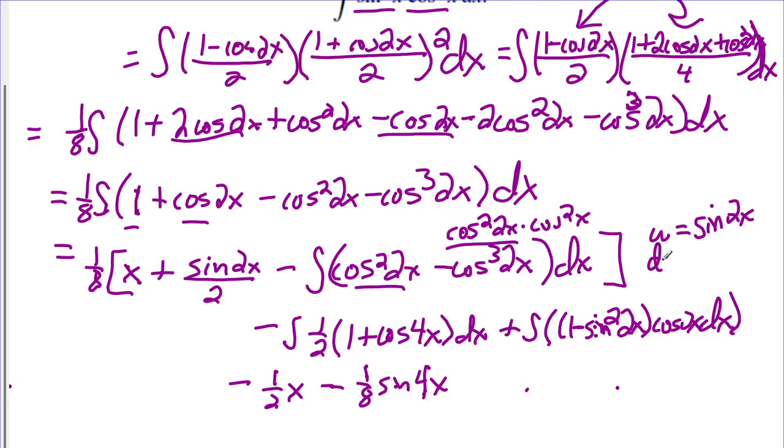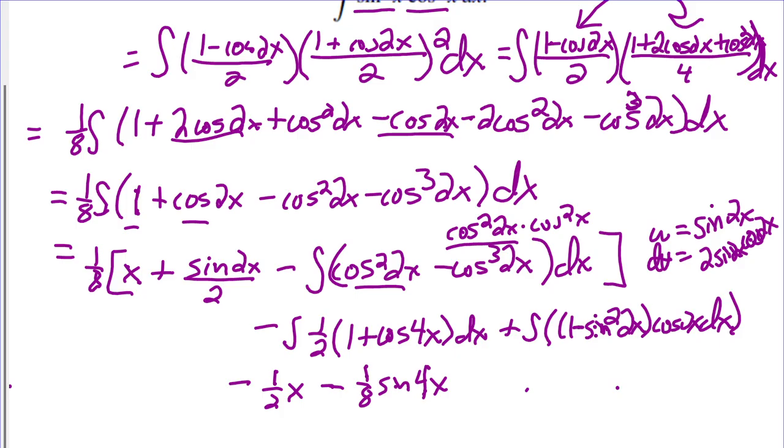Therefore, du is equal to the derivative of sine of 2x, which would be the 2 comes down and multiplies by the derivative of sine, which is cosine of 2x.